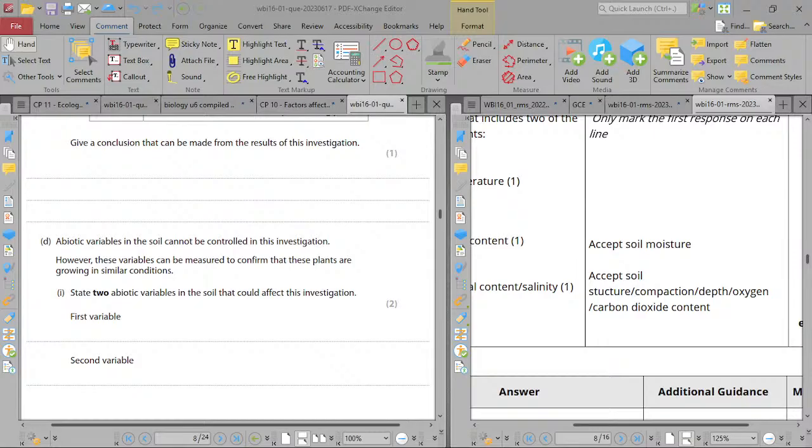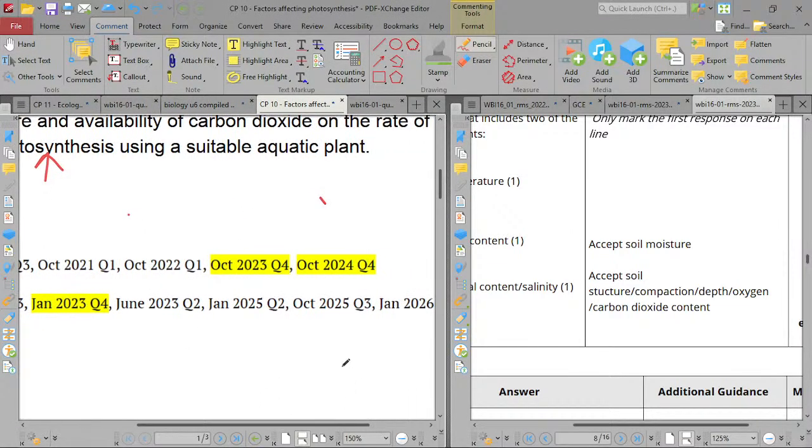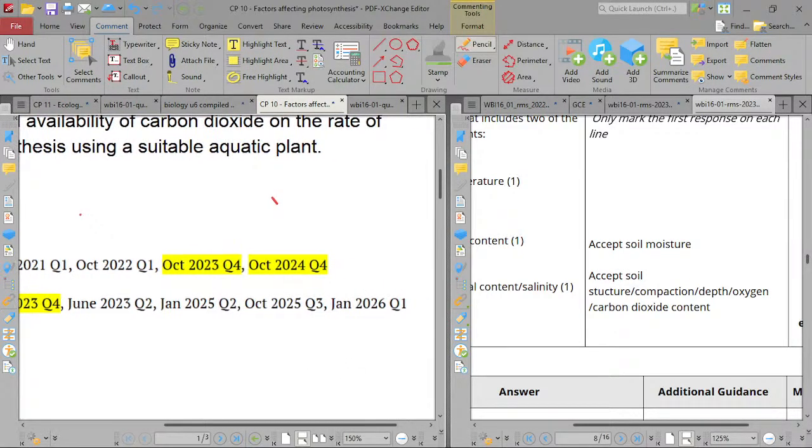Okay, and then this question, what's it? Jan 25. One sec. Jan 25, Oct 25. No, it'll be like 30, 40 minutes. Oh, this is gonna take ages. I don't think I can do this in time. Oh, why would they do something like this? This is an awful idea.